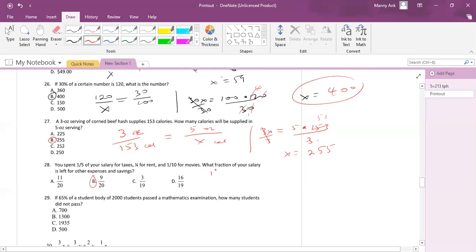And then you subtract from one whole, right? Anytime you do fractions, 1 whole is the total amount of fractions. So 1/5 plus 1/4 plus 1/10. I need to have the LCD to be able to add this up. So the LCD is 20.